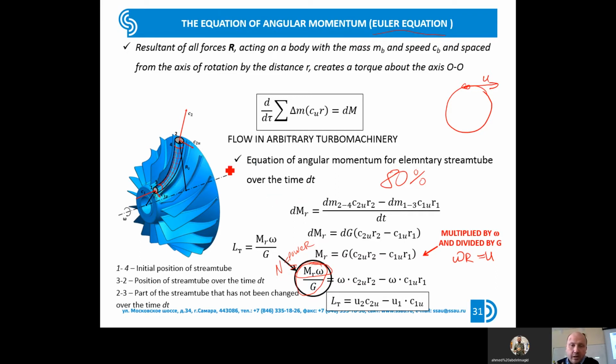In this equation we speak about the momentum, about the torque which is created around the axis of rotation of the turbomachinery. What do you think is the source, the reason for creating the torque? What creates the torque in the turbomachinery? What do you think?